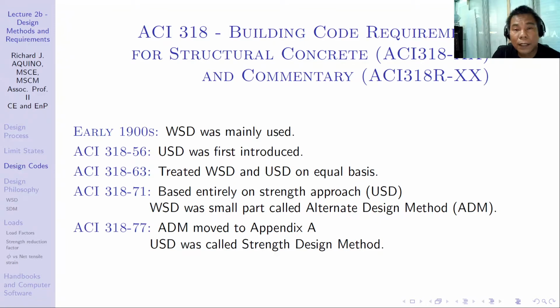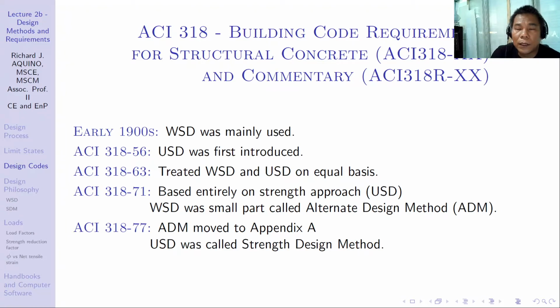And then in 1971, based entirely on the strength approach, that is the USD, WSD was made a small part called the alternate design method, or ADM. So for a very long time, for the design of structural concrete, we were using the working stress design. And then in 1977, the alternate design method was moved to Appendix A of the code.